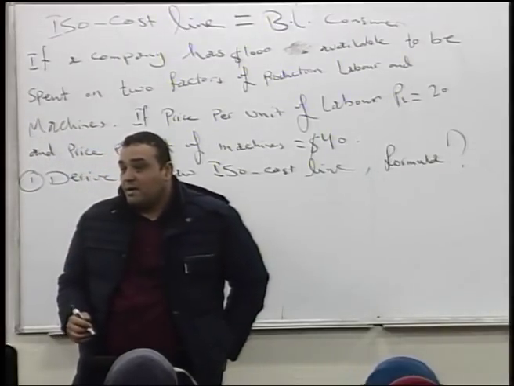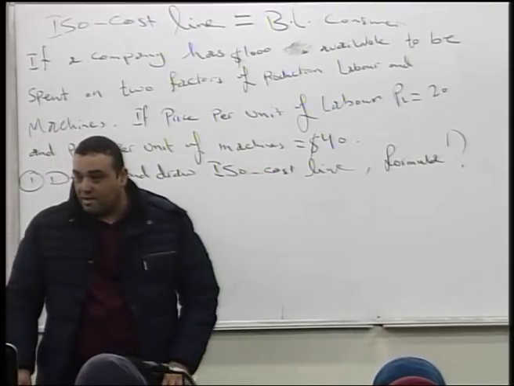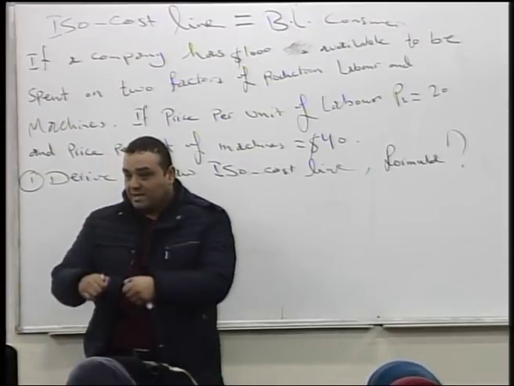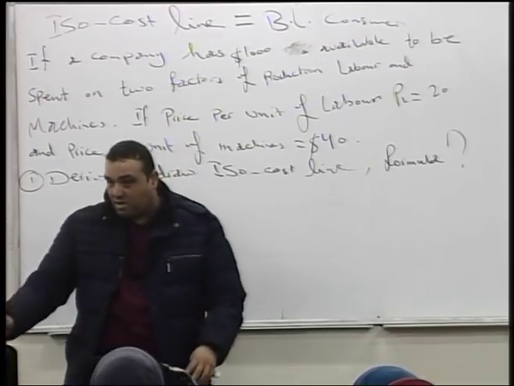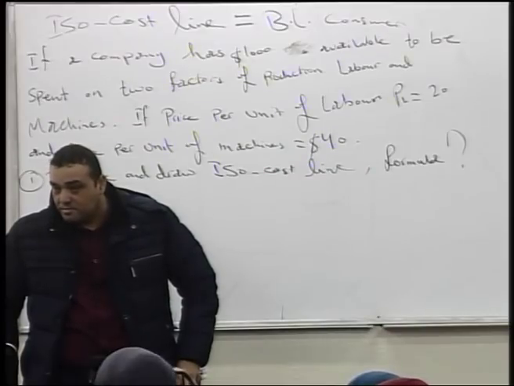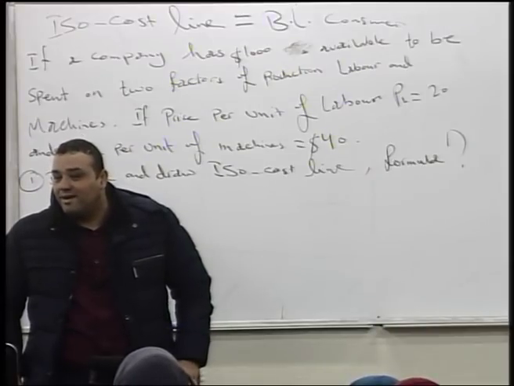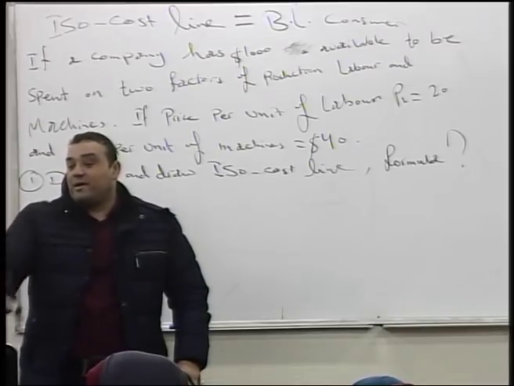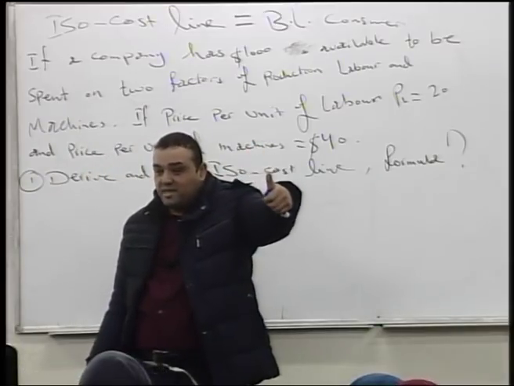Price of labor: I want to hire a worker at $20, the worker's cost, and this is the cost of the machine. If I run the machinery it costs me $40, maybe per hour, or per unit, per worker, per hour. But you're talking about the cost of labor. It might be the working hours a day.